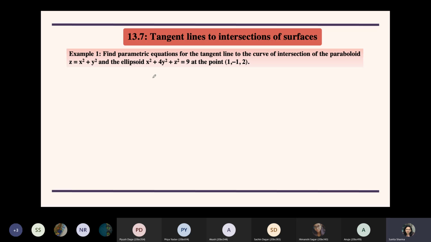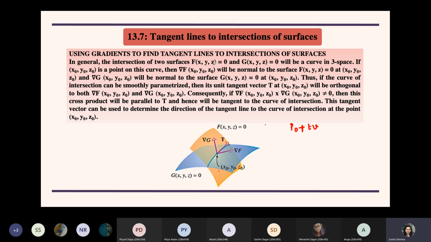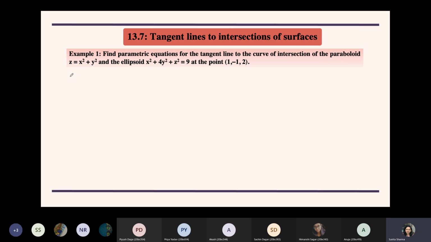If you look at the expression here, we start with surfaces f(x, y, z) equals 0. That means we have to shift all the terms onto one side and equate it to 0. This is something which you must remember. Your surface f is given by x squared, then you can take either this or z minus this, which is equal to 0.